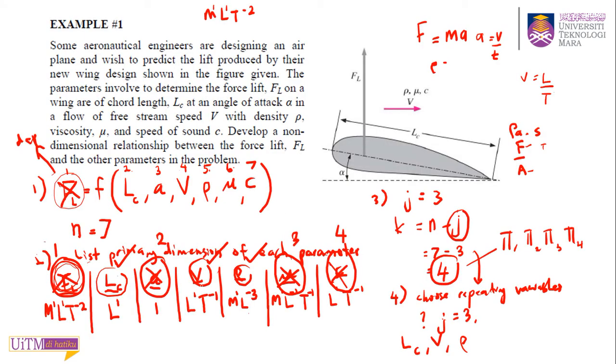Then for V, the primary dimension is L1, T minus 1, with power A1. For LC is L, so L1, with power B1. And rho is M1, L minus 3, with power C1.